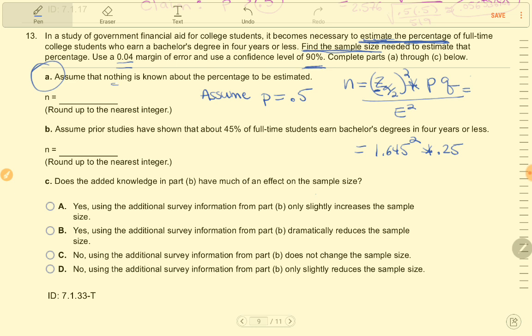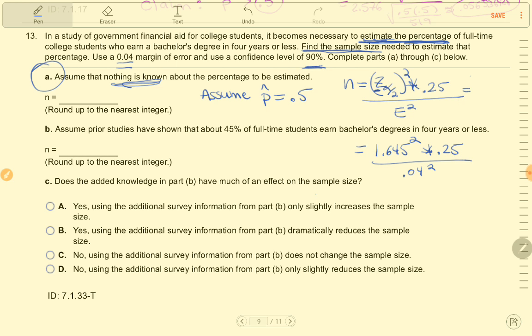When nothing is known about the percentage that you're trying to estimate, you don't have any prior information to go off of, you just use the 0.25 here instead of P hat, Q hat. And then you will divide by E squared, which is 0.04. Oh, and I want to point out that the formula in the packet is actually P hat, Q hat. So just wanted to make that distinction so you don't get confused when you look at the formula.